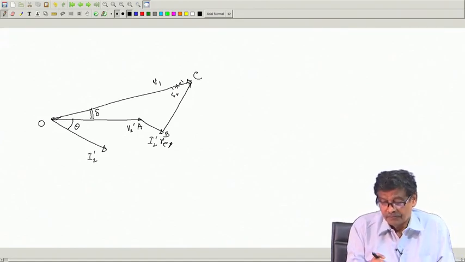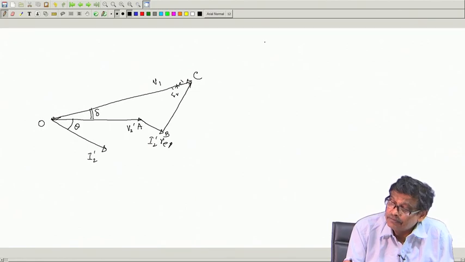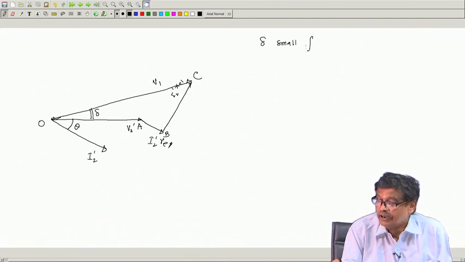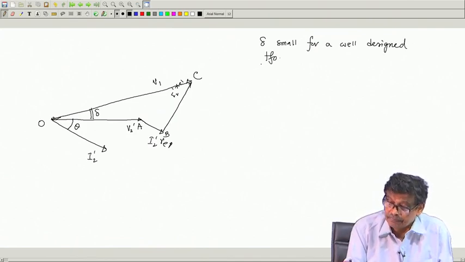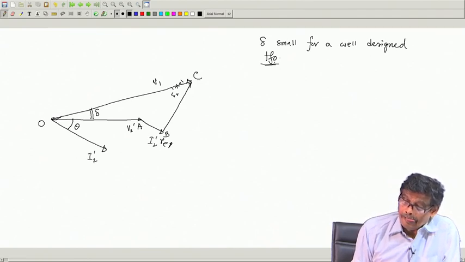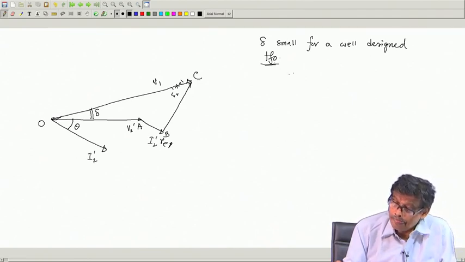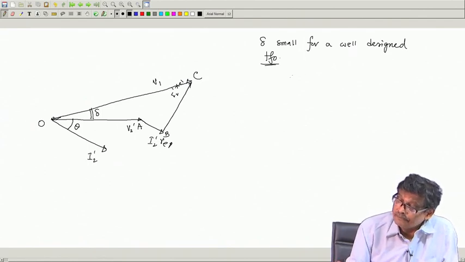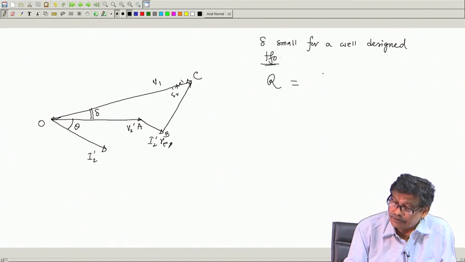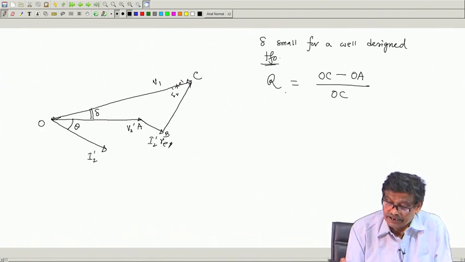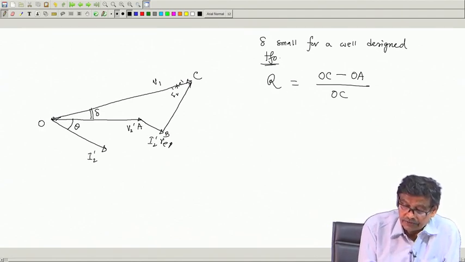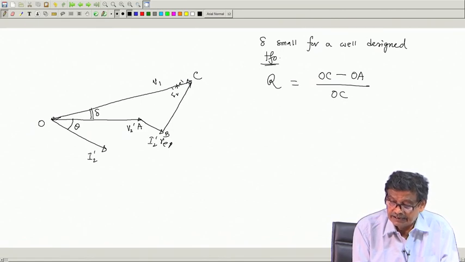Acha, now, knowing fully well that delta will be small, delta small for a well designed transformer, then, and this one I have got OC minus OA by OC. Now, by using geometry, I will try to find out this length minus this length.